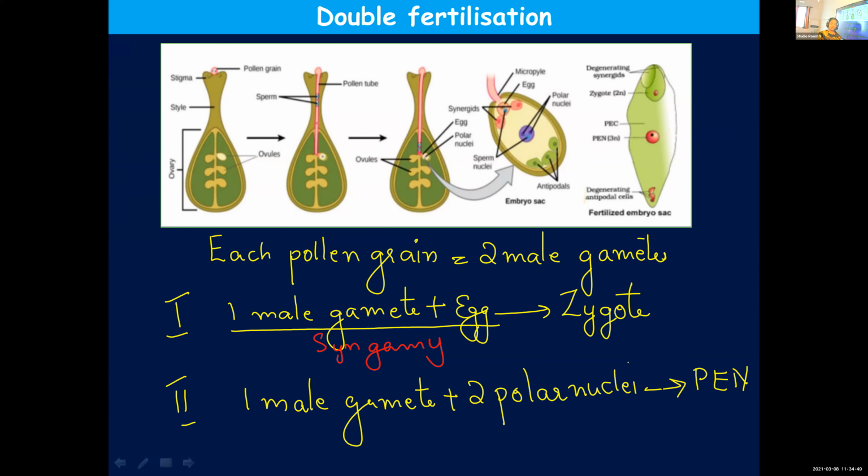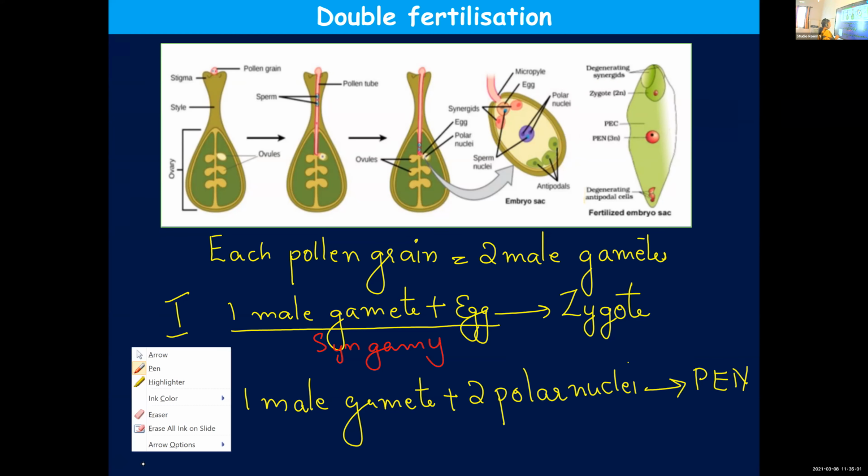Endosperm is a structure which will help in nourishing the growing embryo. The first fusion, of the male gamete with the female gamete, you call syngamy.